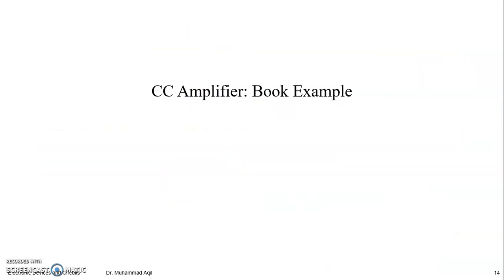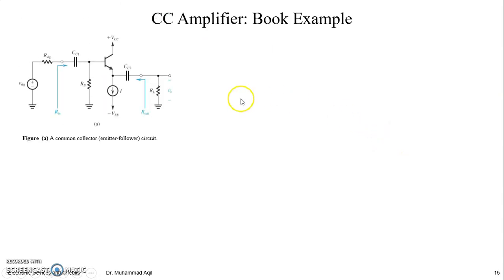Now just explore the common collector amplifier circuits as shown in your book. They have represented a circuit of this kind, right? Here we can say it is a common collector circuit because we have input at the base and output at the collector, right?